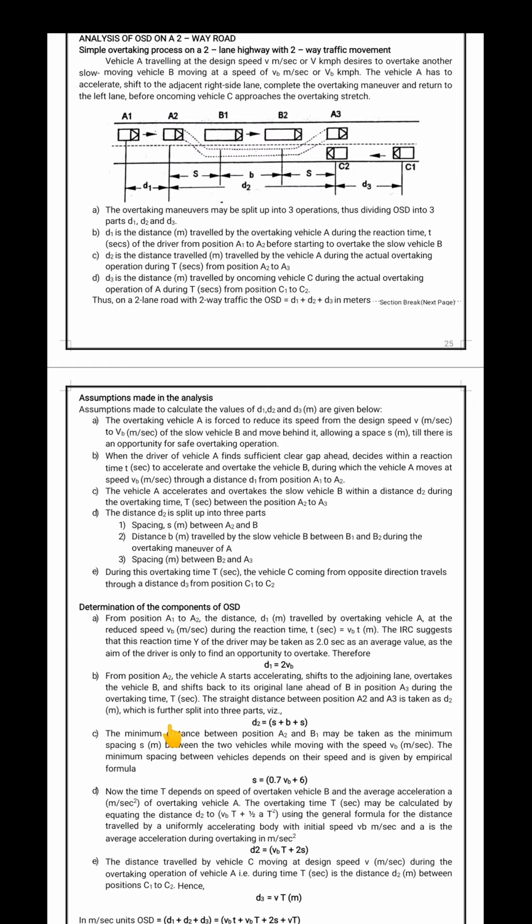From position A1 to A2, the distance d1 is traveled by the overtaking vehicle A at the reduced speed vb meter per second, meaning up to that distance the vehicle has to move with speed vb, matching the speed of the slow moving vehicle. That distance d1 is equal to vb into t.